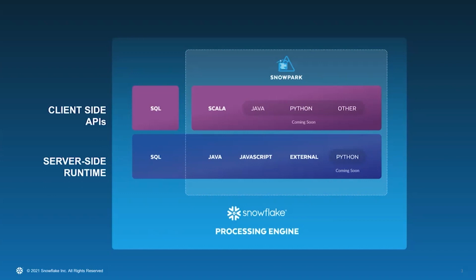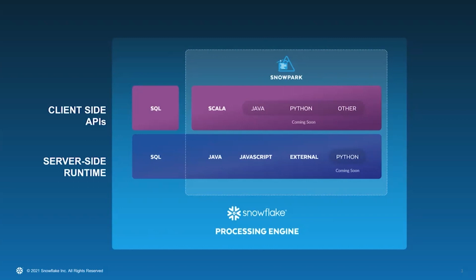And you can see in this chart that we have two layers of APIs, the client-side APIs and the server-side runtime. There are more ways to work with Snowflake. What you don't see here is also all of our API clients that we have for different languages. That's the typical way of just calling Snowflake from the outside.